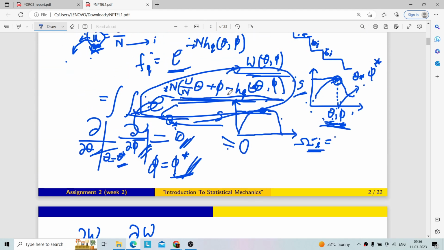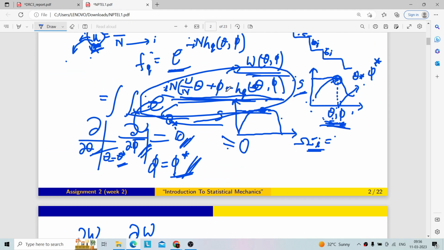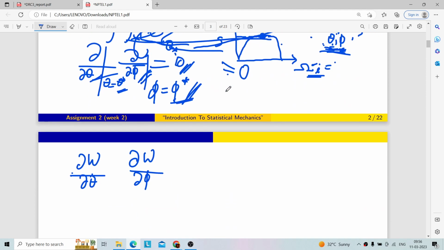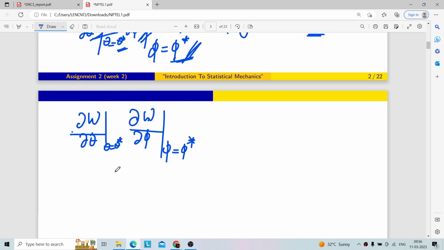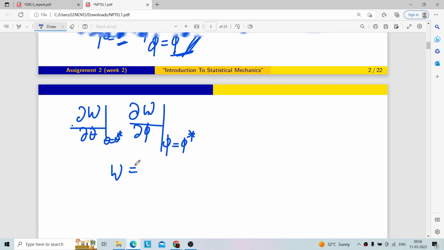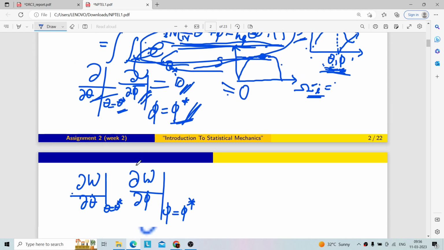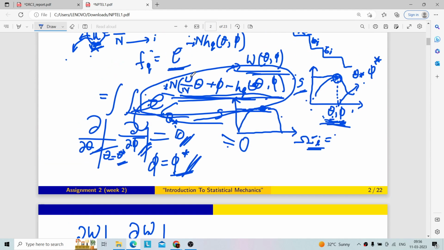This exponential term I am taking as w, and we will do the derivative with these unknown parameters theta and phi, and we are assuming the maximum will be at theta equal to theta star and phi equal to phi star. So we have w, this we have defined as small u.